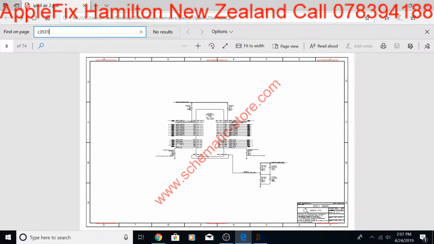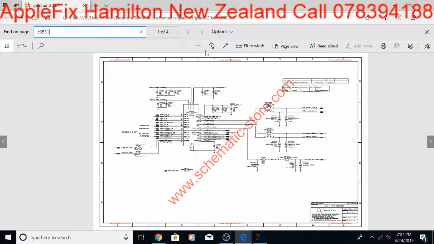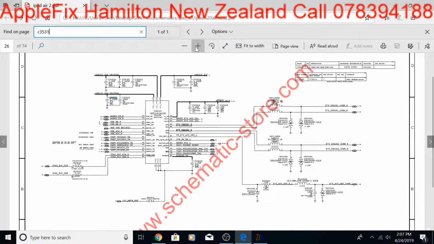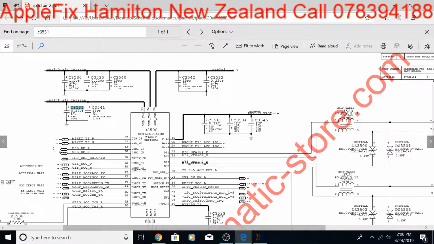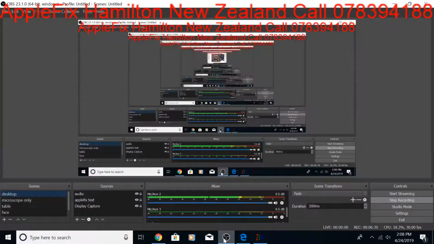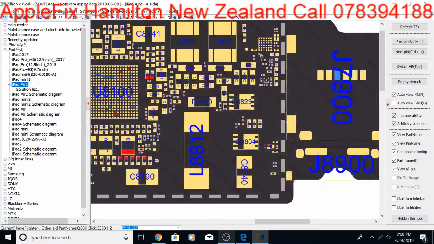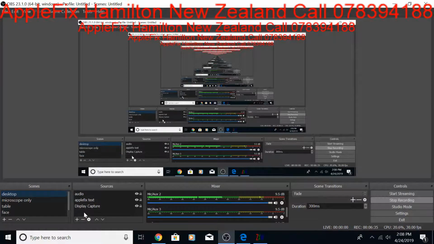C3531, let's check. So we found C3531, which we can see here. This is on the 1.8 volt line. So let's check it here.